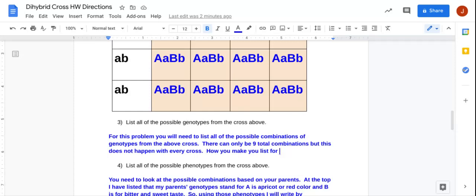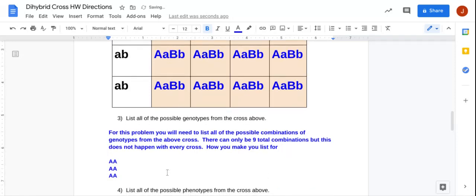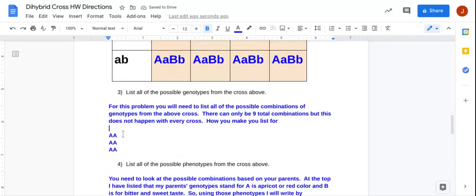So how you make your list for this is you need to start off with your first traits, homodominant for each one. Okay, so my first trait could be big A, big A. And the reason I write 3 is because it can go with a homozygous dominant, a heterozygous, or a homorecessive. Okay, so that's my first one.